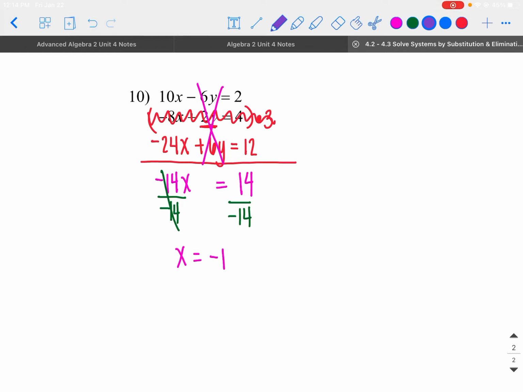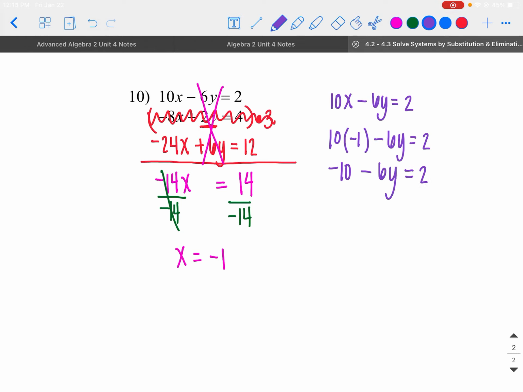Then I have to go back to either one of my original equations. I'll just pick the first one. And we have to plug in what we just found. So I just found that x was negative 1, so I'm going to plug that in. This is negative 10 minus 6y equals 2.